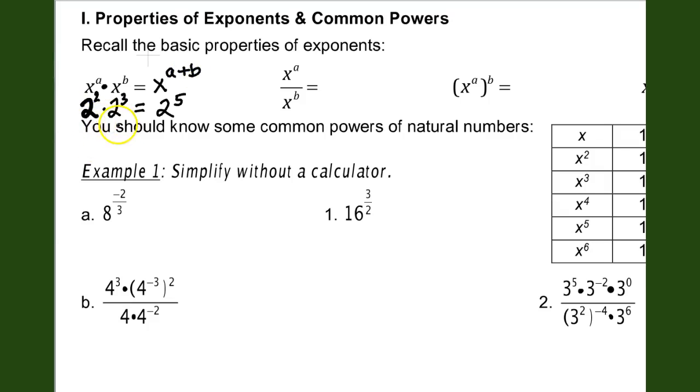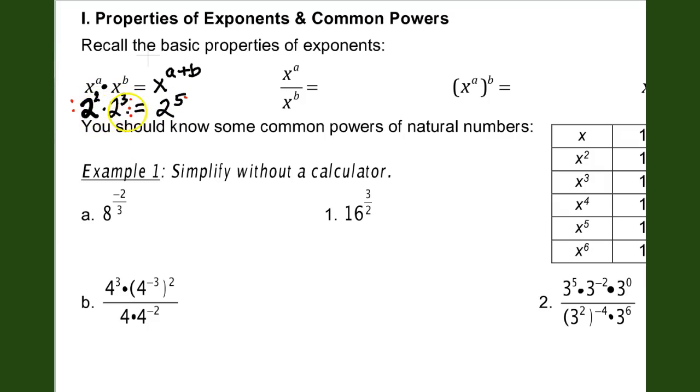So if you have 2 bases, each with their own exponent, the bases have to be the same. So this can't be 5 to the second plus 2 to the third. It has to be 2 to the second times 2 to the third, right? Then we can add them up. It's the same idea if we just counted them up. If we just said, okay, there's 1, 2 here, and then 3, 4, 5 here. All together we have 5 total, 2 to the fifth.